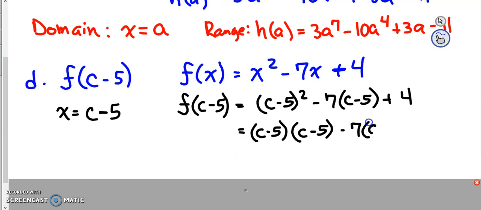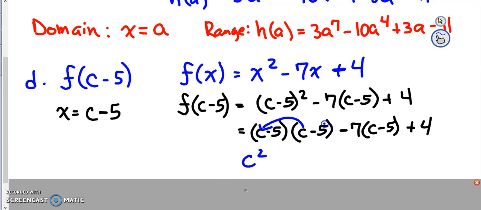And so I'm just rewriting that first line there, not doing any type of work yet. But again, the square right here means there's 2 of what's inside of there. So that means here we're going to have to FOIL it or box it or whatever you learned. So talking about FOIL, we have first, outside, inside, last. First, which is c times c, which is c squared.